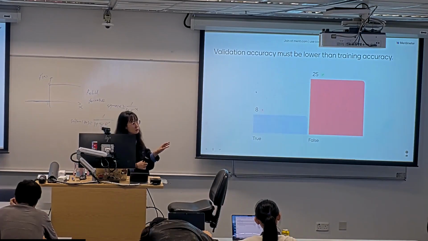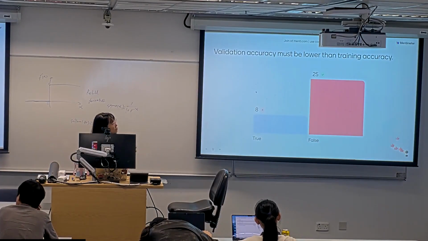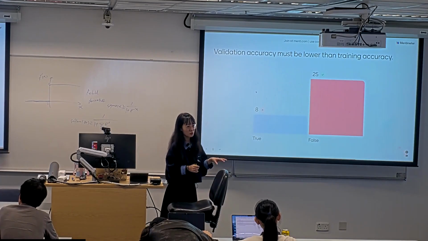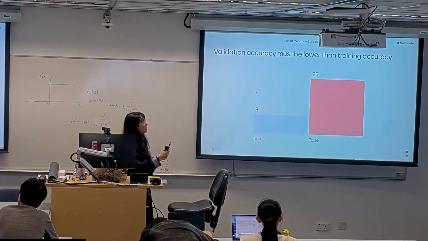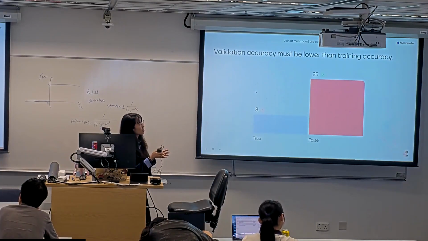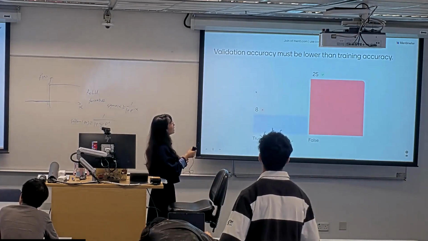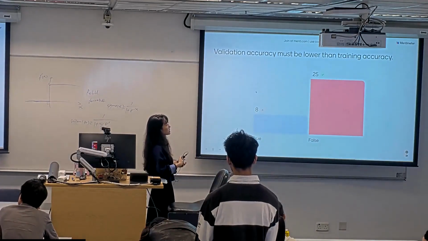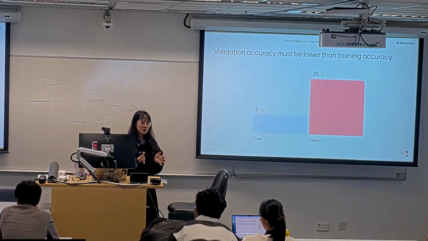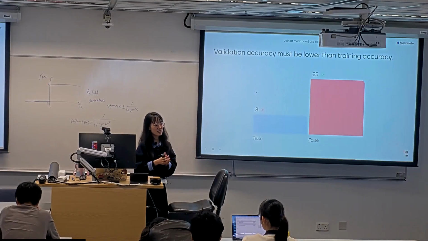Okay, this is false. Validation accuracy is possible to be higher or to be lower than training accuracy. It's all possible. Actually, it depends on the data. Usually, we say that because the model is trained on training data, the training accuracy possibly is higher than validation accuracy, but we also need to consider that usually the training data is very large and validation data is very small.